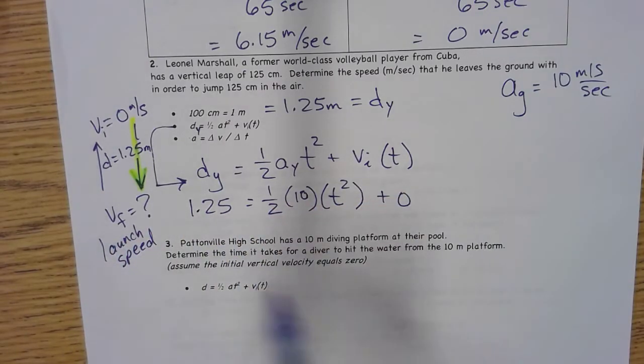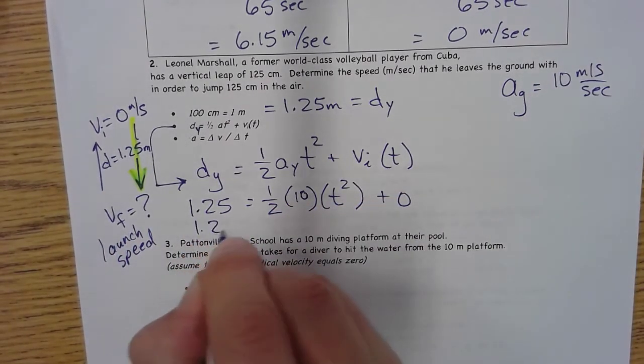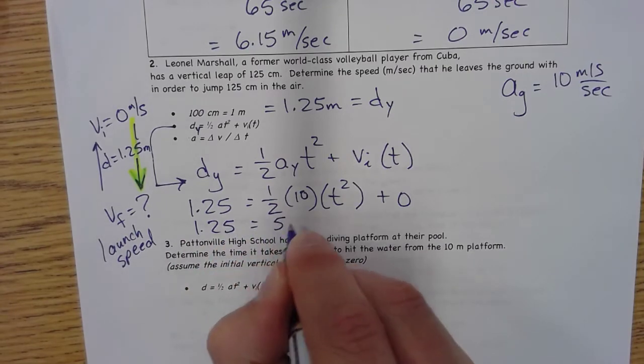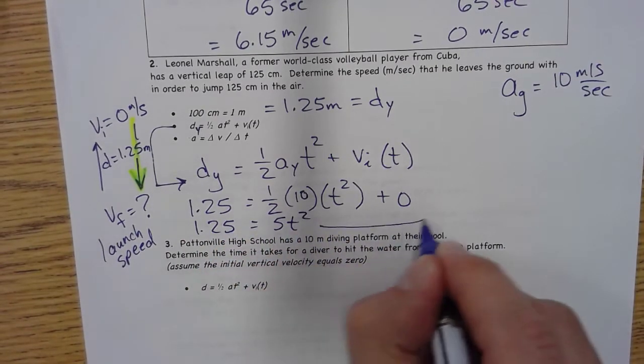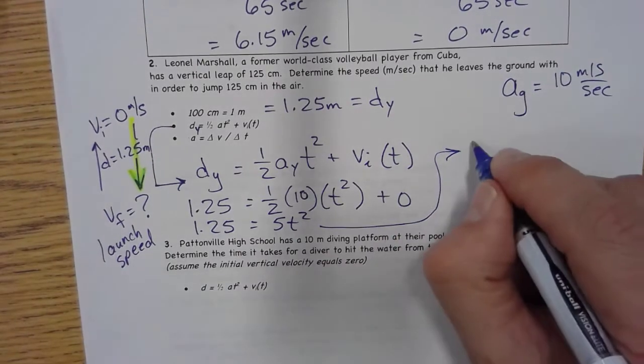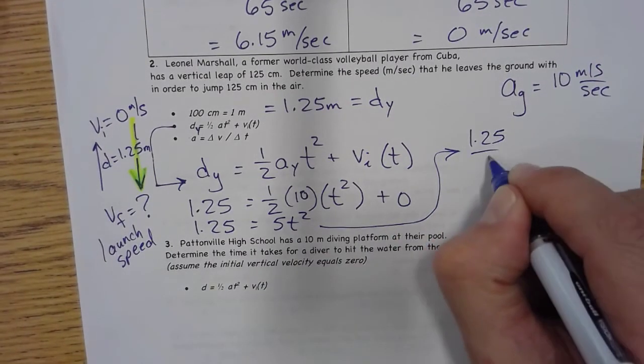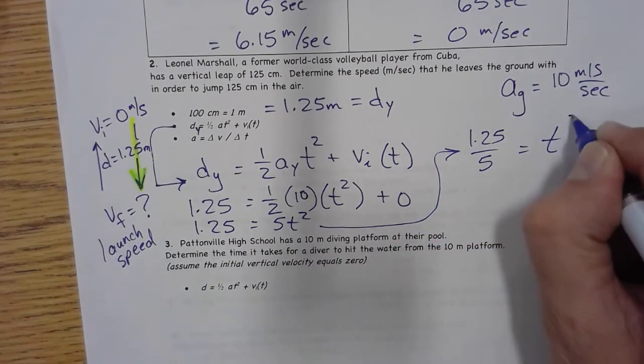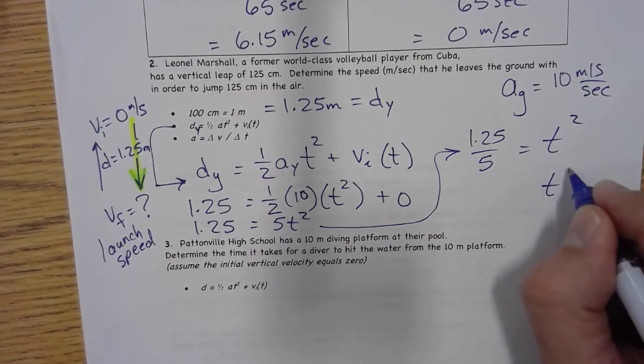All right, so to solve this, 5t squared, divide that 5 through, and then you can get that square root.